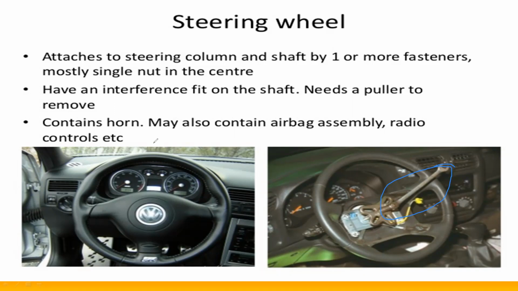It contains the horn, and may also contain an airbag assembly and radio controls. In this steering also we can place different things: the horn, and airbags are also assembled in this steering system.